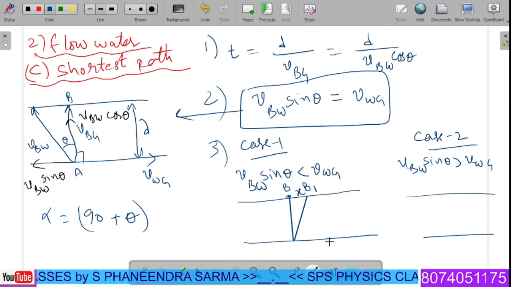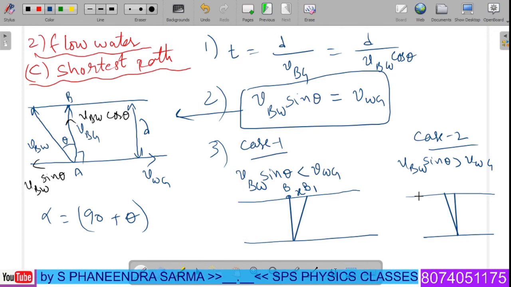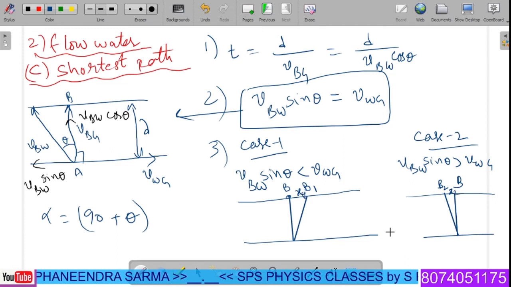In the next case, instead of reaching this particular straightforward point, you may reach some other position here. In such a case, this is the actual point B, and this is another point B2. Again, drift is nothing but, say here, first case x1, second case x2 is the drift. Under such a case, we need to find out the value of drift. How to find out the drift? Let us see.